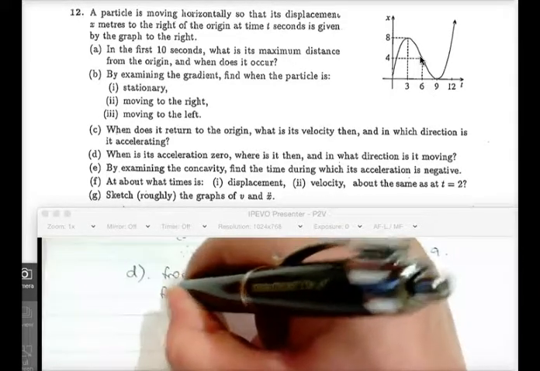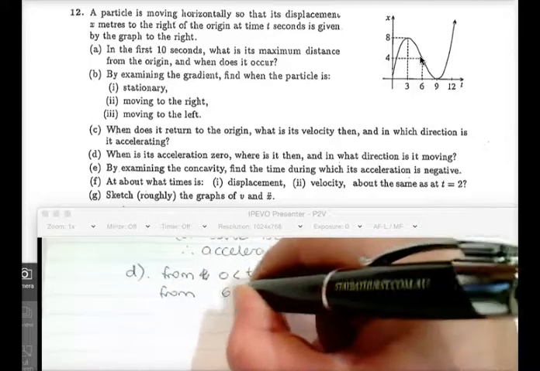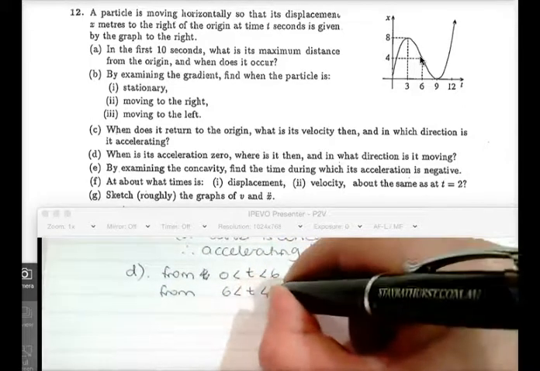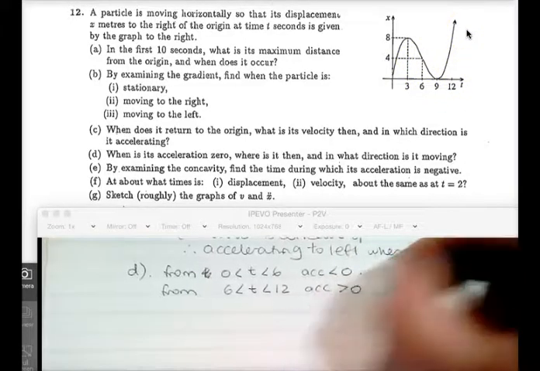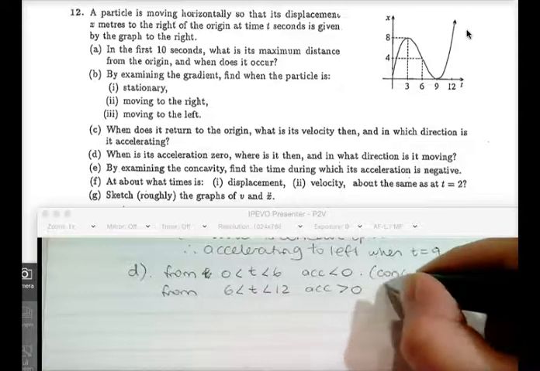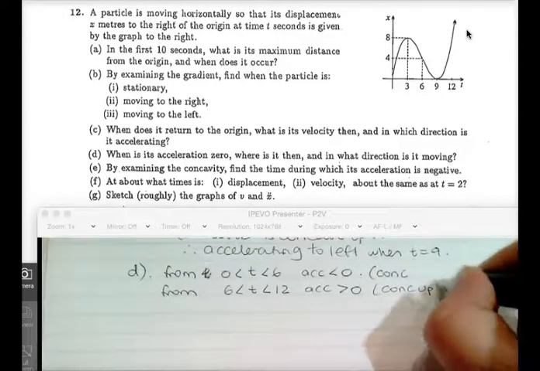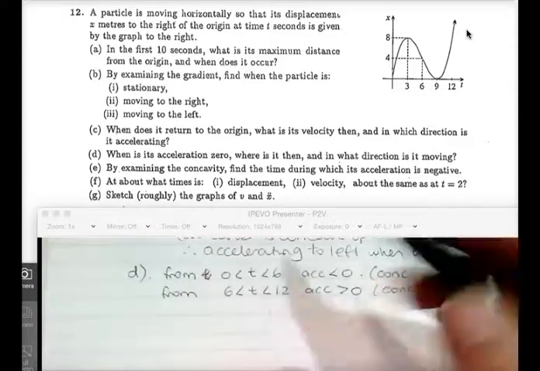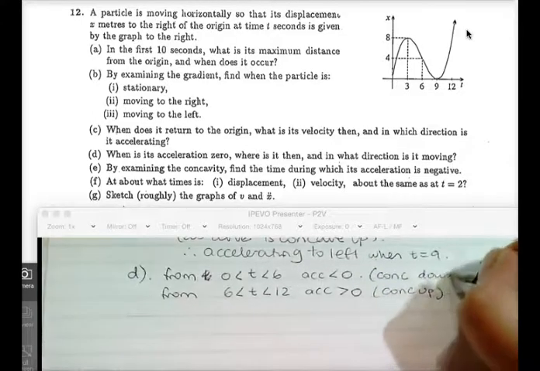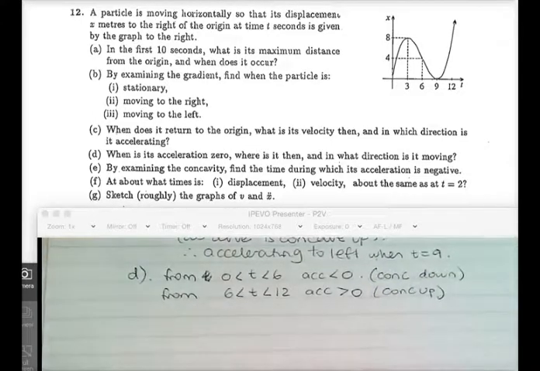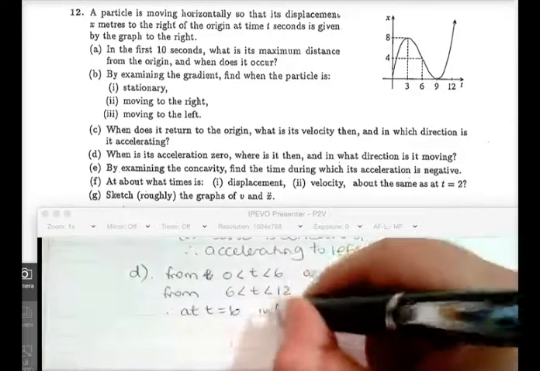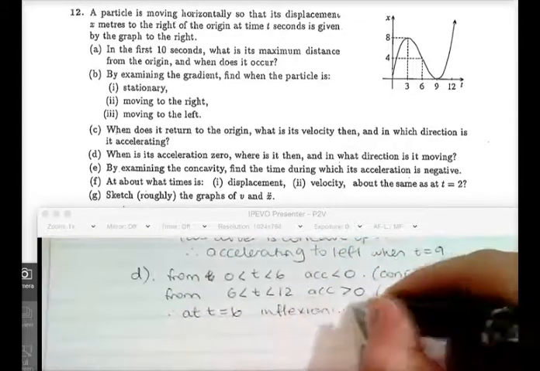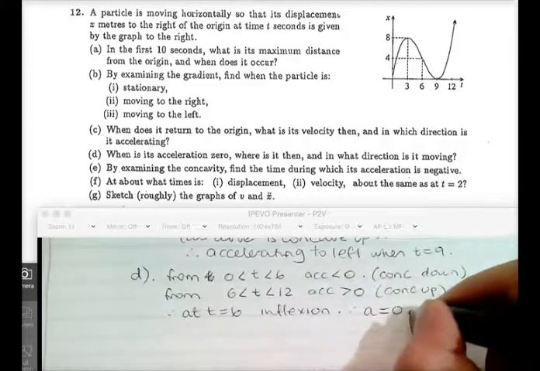And then from t greater than 6 up to about 12, acceleration is positive, because it's concave up from t equals 6 to 12, and concave down from t equals 0 to 6. Therefore, at t equals 6, you've got an inflection, and so acceleration is 0.